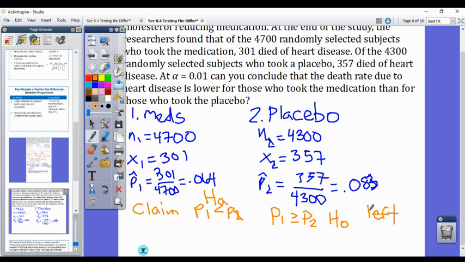So if I have a left-tailed test and I have a significance level of 1%, that is going to give me a critical value of negative 2.33, which means my rejection region is anything less than that.